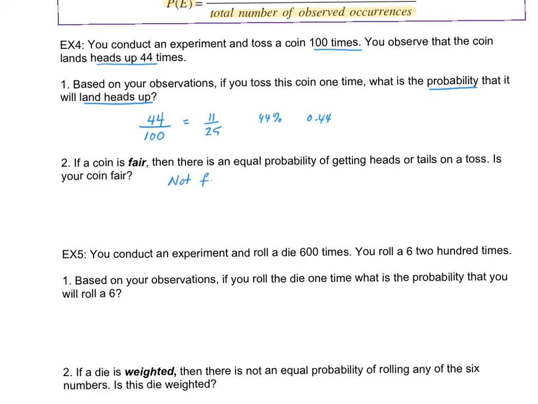It's not a fair coin because if it were fair, when you toss it 100 times, you should have heads 50 times and tails 50 times. And that's typical of a coin. And in fact, any object, if you toss it in the air and you let it fall, most times it lands heavy side down, light side up.